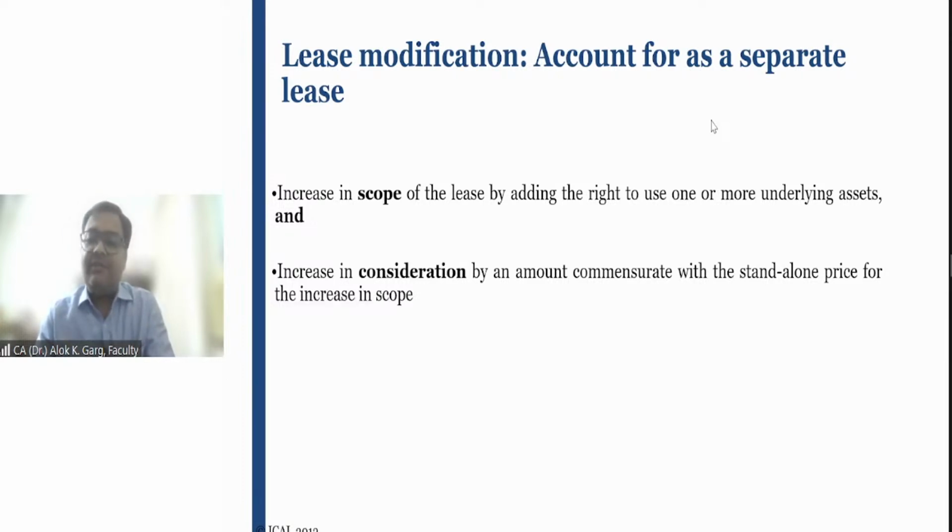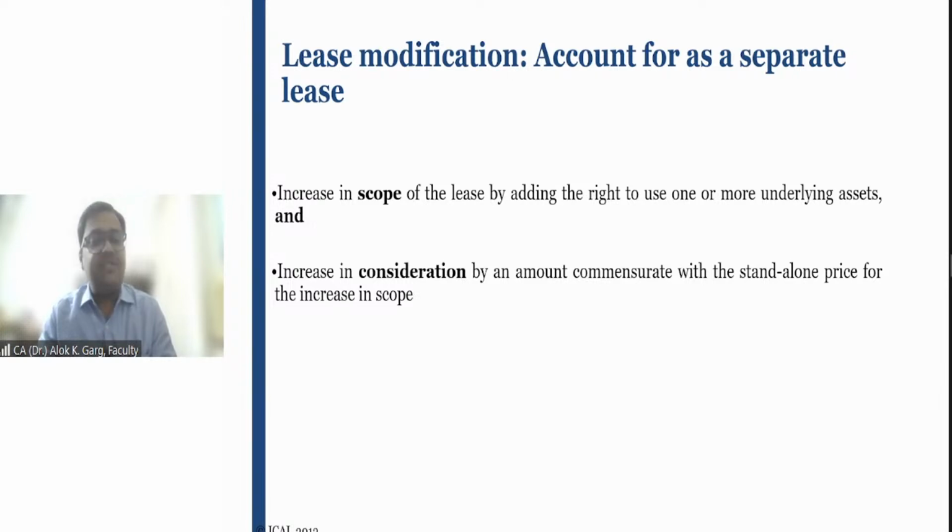Friends, if there is a change in the scope of the lease, for example, from 10,000 square feet the lessee wants 15,000 square feet. The lessee wants 5,000 additional space. So this is a case of increase in scope. Earlier it was 10,000 square feet, now it is 15,000, meaning 5,000 square feet extra.